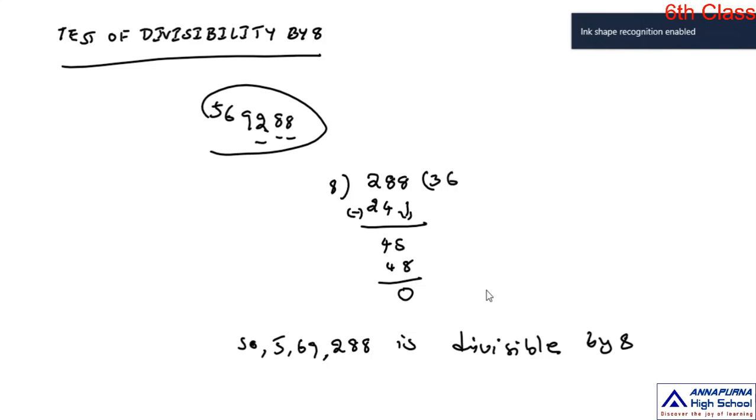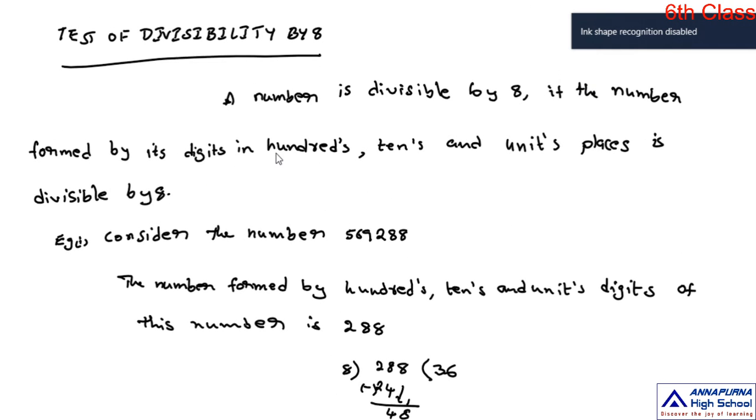If the last three digits are zeros, then that number is also divisible by 8. Divisibility by 8: a number is divisible by 8 if the number formed by its digits in hundreds, tens and units places is divisible by 8.